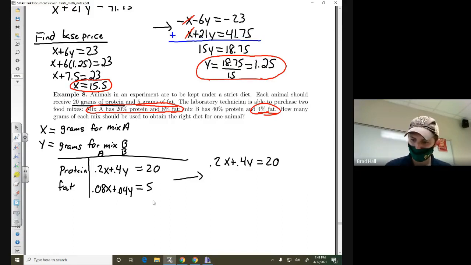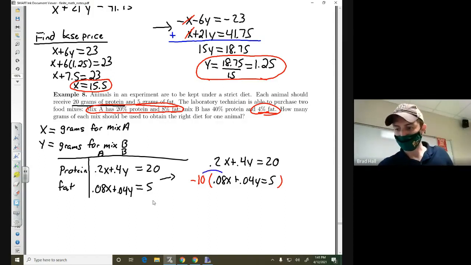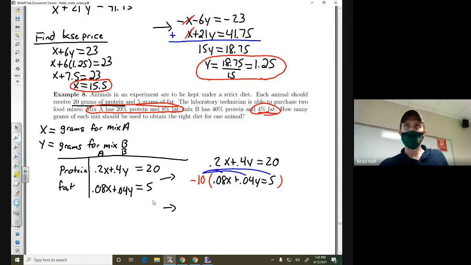The bottom one, so I'll just rewrite it. But I'm also going to put a product of negative 10. And the reason why I'm using negative 10 is because we could see when we distribute this, we will get two coefficients that have the same magnitude and different signs.